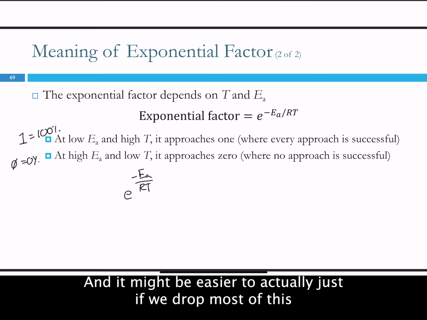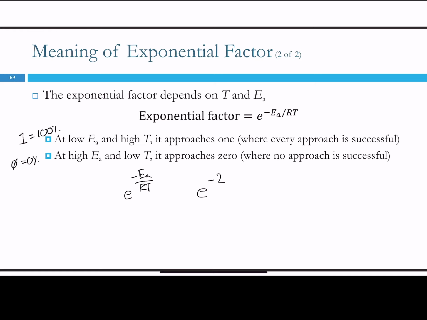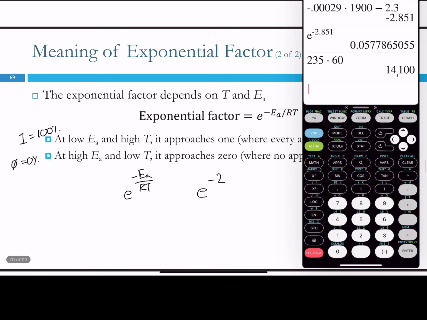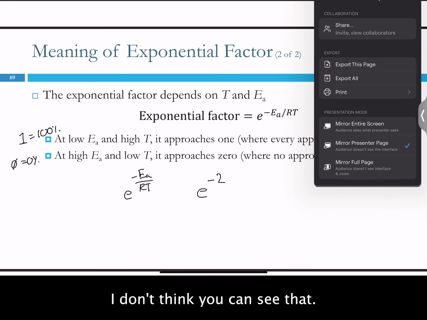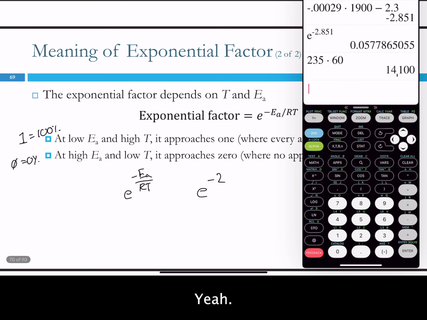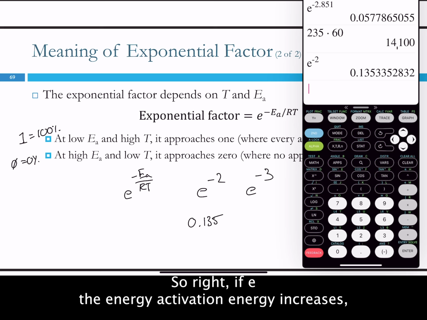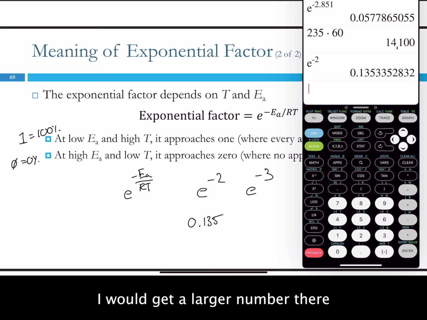And it might be easier to actually just drop most of this and think about just, like, if this was e to the negative 2. I don't think you can see that. Yeah. So if I do e to the negative 2, that's 0.135. E to the negative 3, so that's 0.0497. So if the activation energy increases, I would get a larger negative number in my exponent.